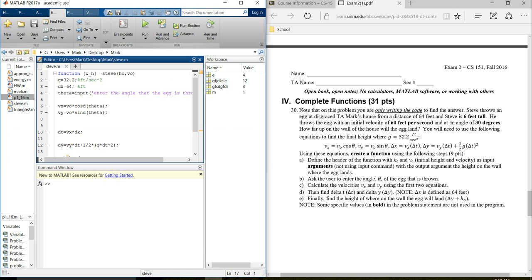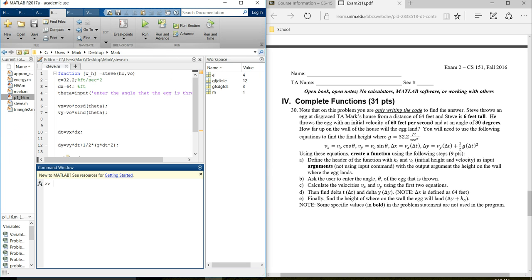So what I really want to see is, does Steve hit my house? Steve is 6 feet tall, and I could just say 6 because we're going feet per second squared for G. The initial velocity is 60 feet per second, which is about 40 miles an hour.